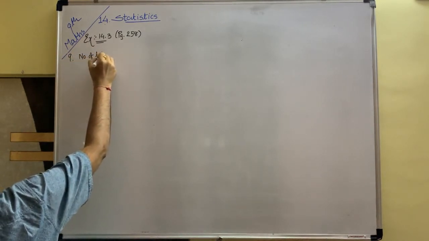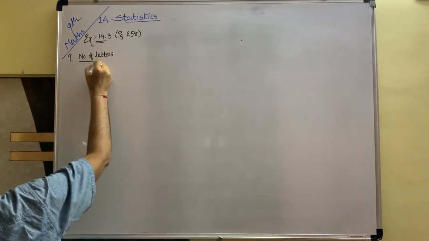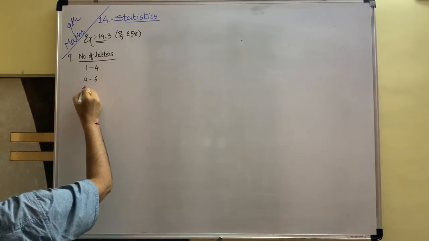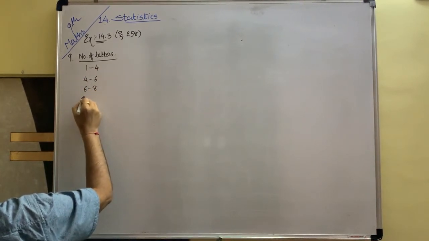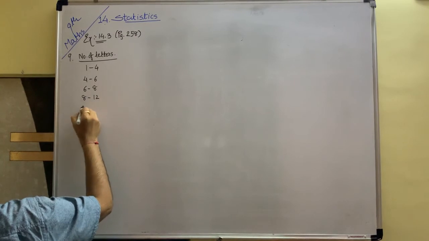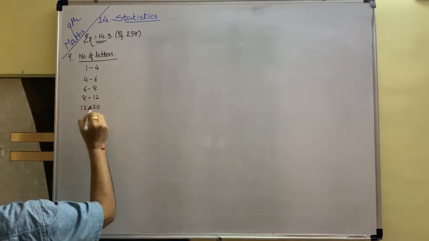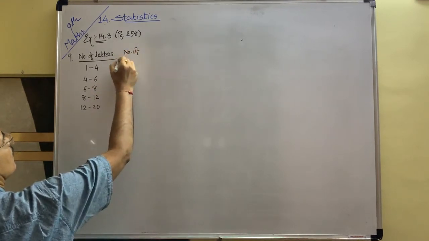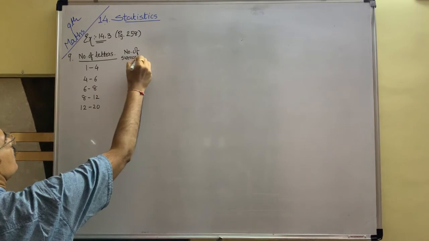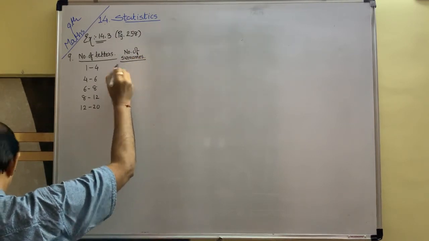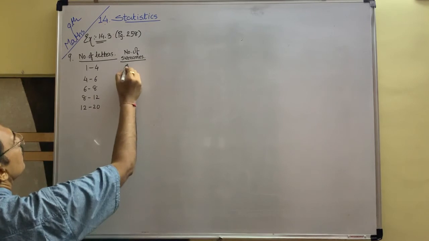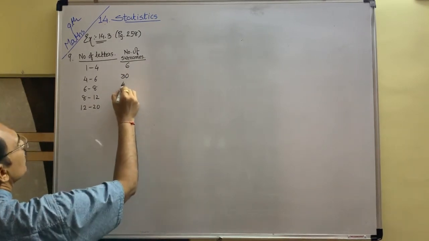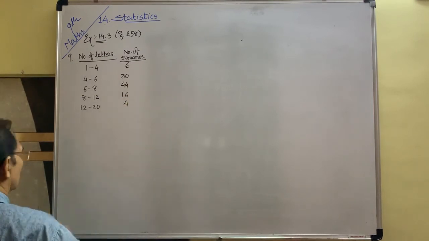Number of letters: 1 to 4, 4 to 6, 6 to 8, 8 to 12, 12 to 20, and then number of surnames: 6, 30, 44, 16 and 4.